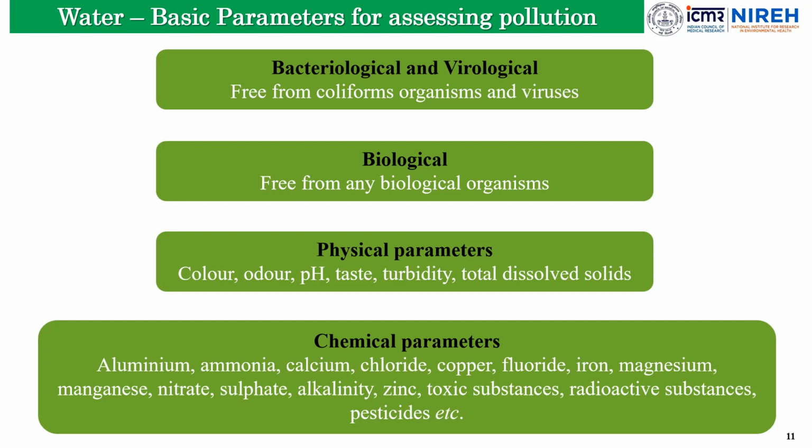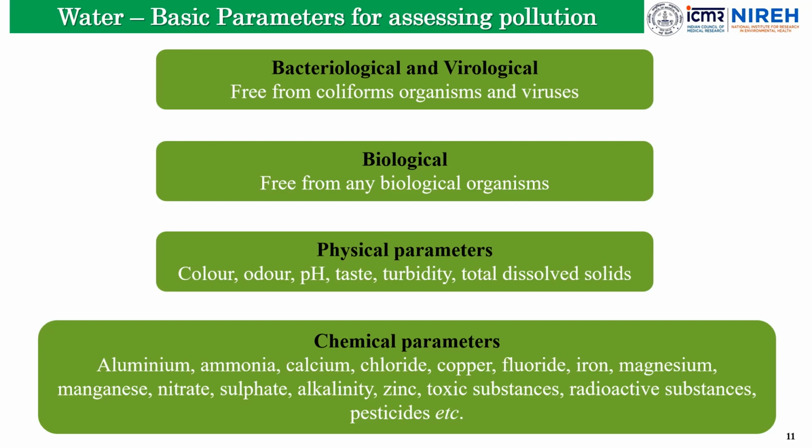Biological means some kind of biological organism would be there, but it's not bacteria or viruses. Biological organisms might be like Ascaris, helminths, and especially the platyhelminths and Aschelminthes groups of organisms that are found in the water. So you also have to check for the biological presence of organisms in the water.